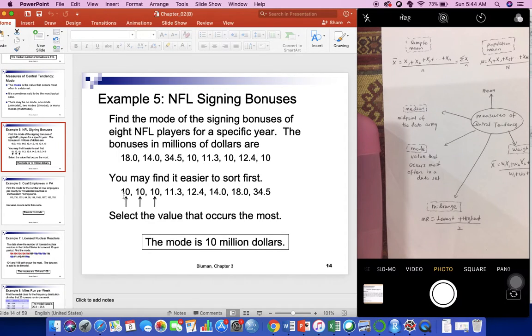So you put here 10, 10, 10. And then the second one is 11.3. We have only one 11.3, so you just put 11.3. 12.4 is only one also. Then 14, 18, 34.5. You can see that the most frequently occurring number is 10. So 10 is the mode. So the mode is $10 million.